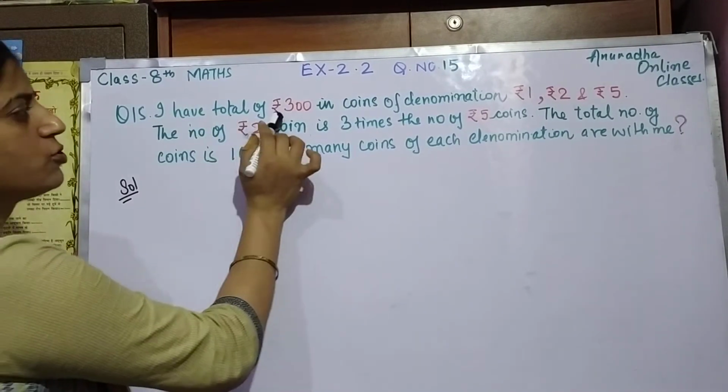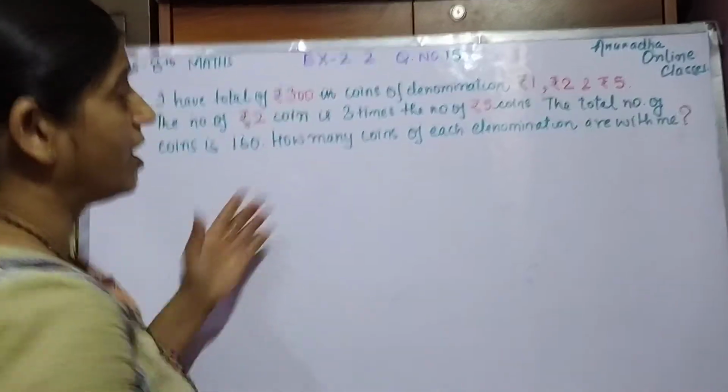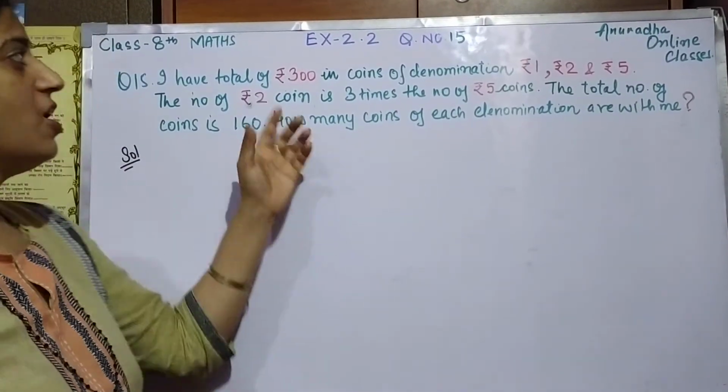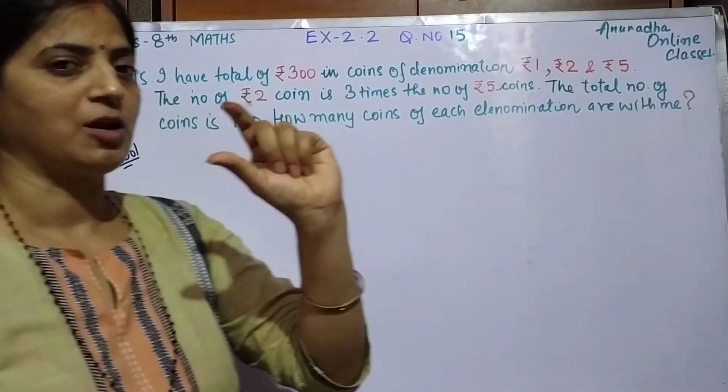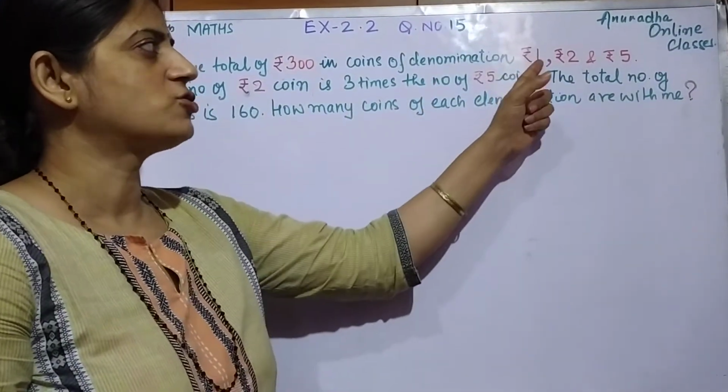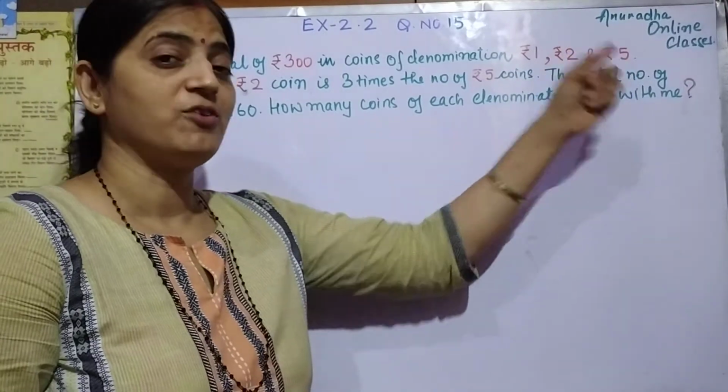I have a total of rupees 300, in coins of denomination ₹1, ₹2 and ₹5. Coins में है मेरे पास पैसे in denomination ₹1, ₹2 and ₹5.